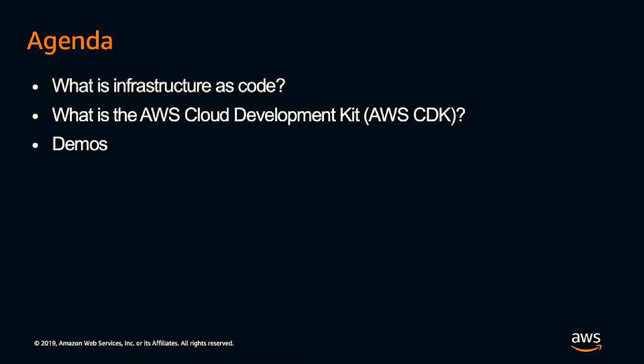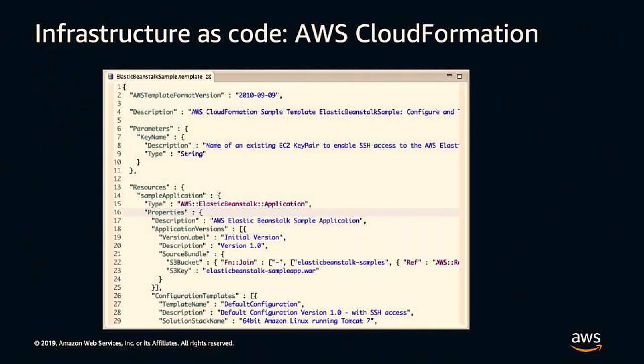So if you've used CloudFormation before, you might recognize this sort of JSON script. The way that CloudFormation works is that you either write in YAML or JSON and you create your infrastructure.